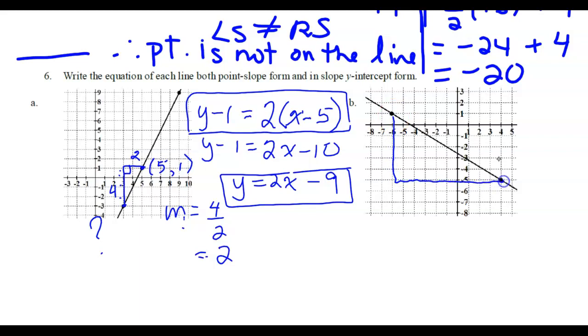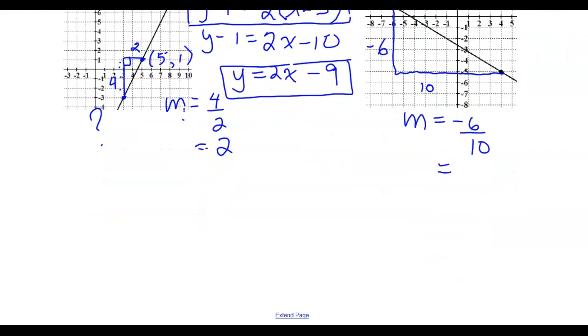You can find 2 other points, but why bother if it's already been identified for you? I'm going down 6 to the right 10. So my slope is negative 6 over 10, and you can reduce that to negative 3 over 5.